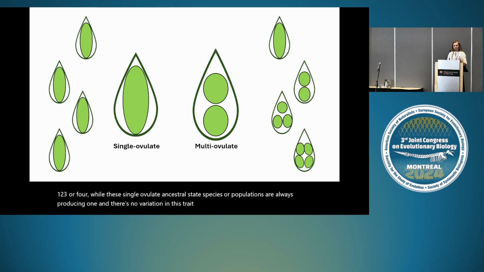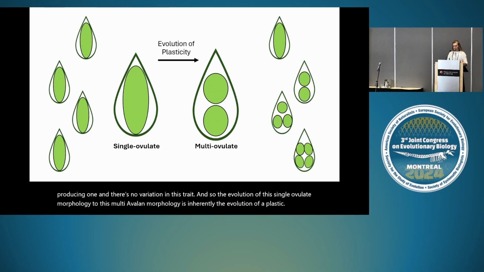And so the evolution of this single ovulate morphology to this multi-ovulate morphology is inherently the evolution of a plastic phenotype. What I'm really excited about with this transition is that I've actually identified a species that is polymorphic for the ancestral state and the derived state.